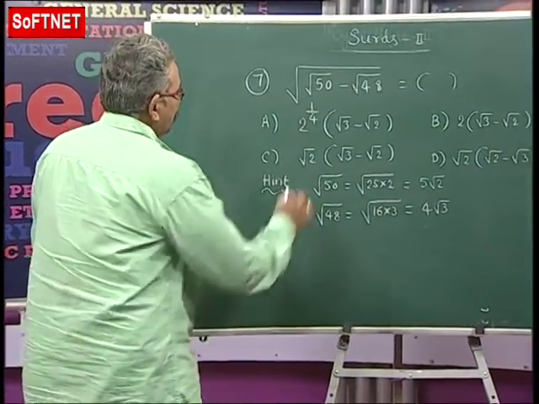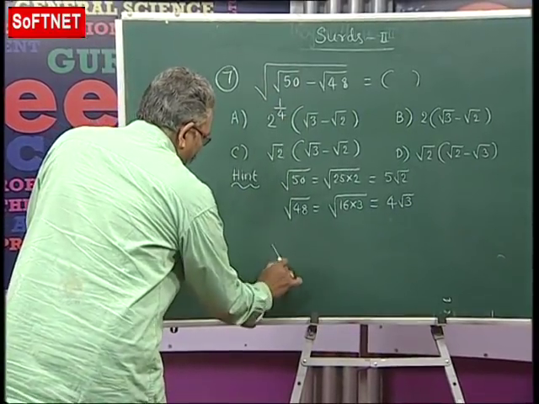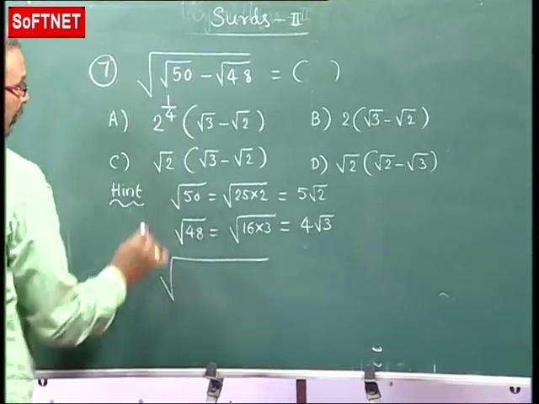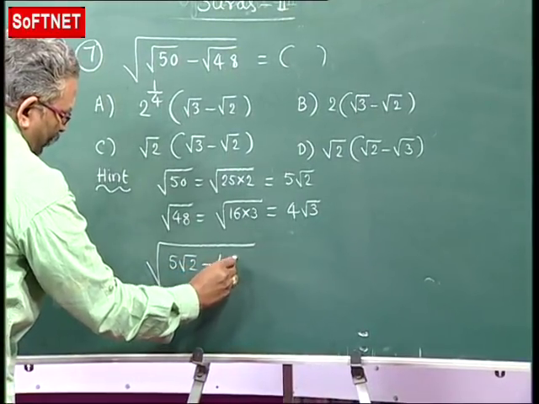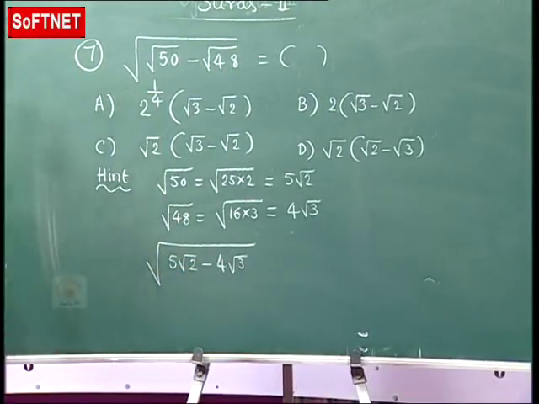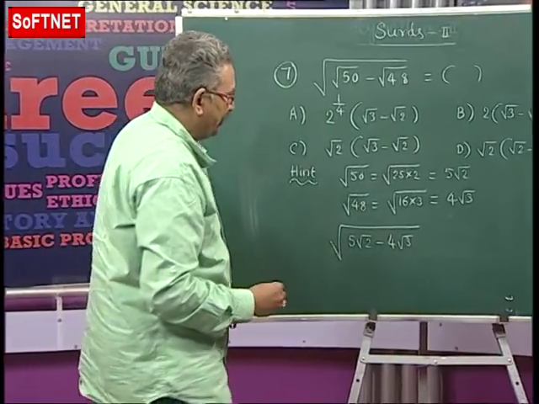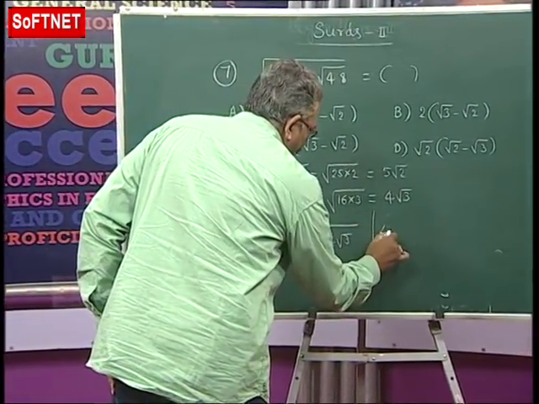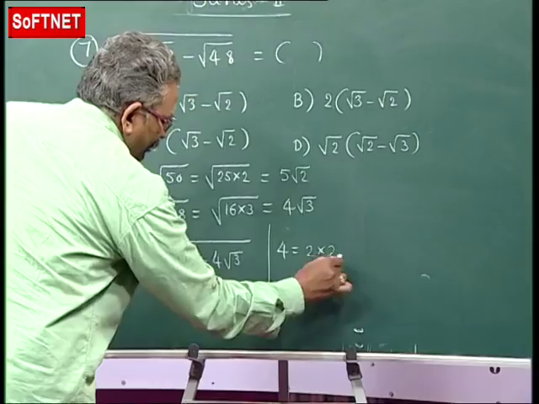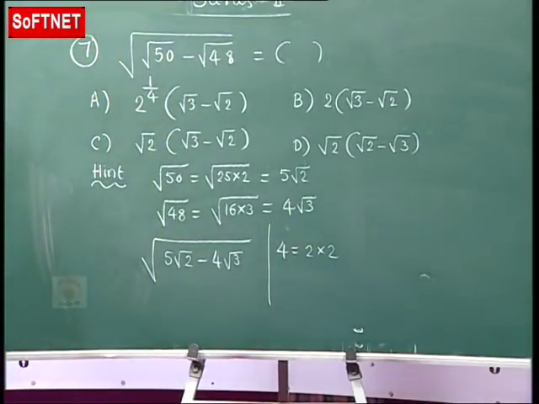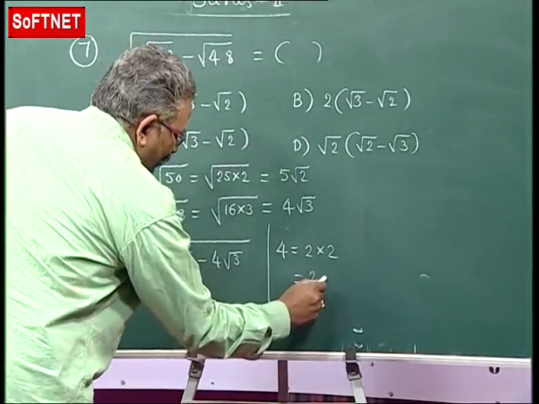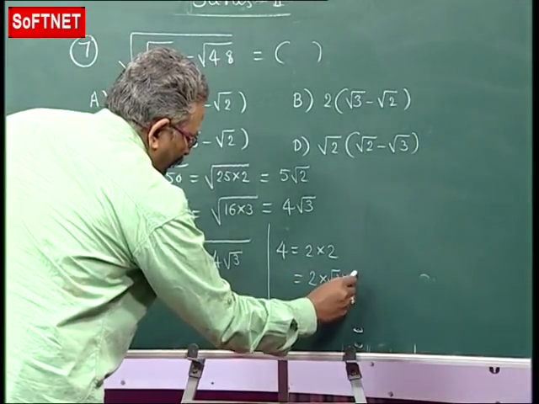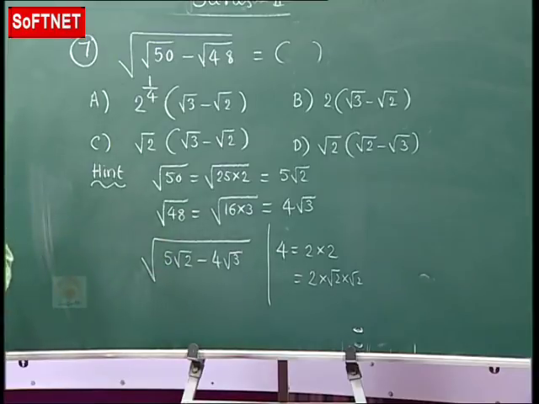So, now this can be written as root of 5 root 2 minus 4 root 3. Again, this 4 can be written as 2 into 2. Again, this 2 can be written as root 2 into root 2, correct.